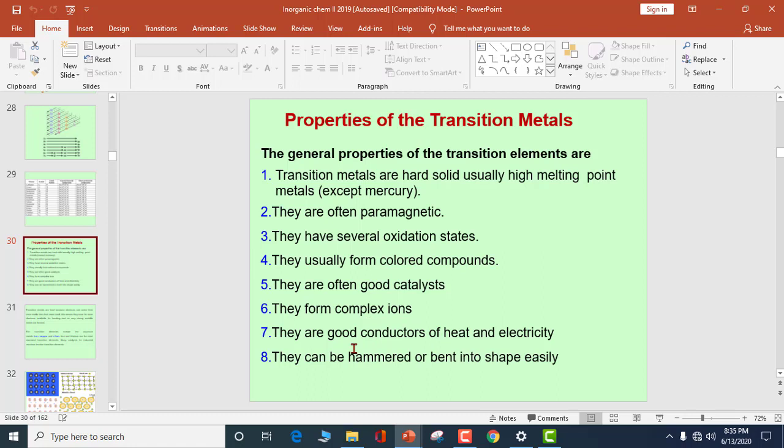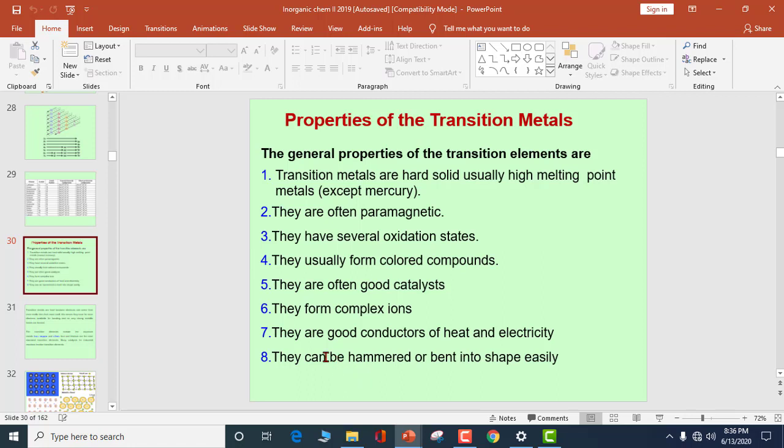They are good conductors of heat and electricity, as you see that there are some surface electrons, and that is why copper is a good conductor of electricity. And similarly, there is another property which metals possess. Transition metals also possess that they can be drawn into sheets and wire, or simply they are malleable and ductile.